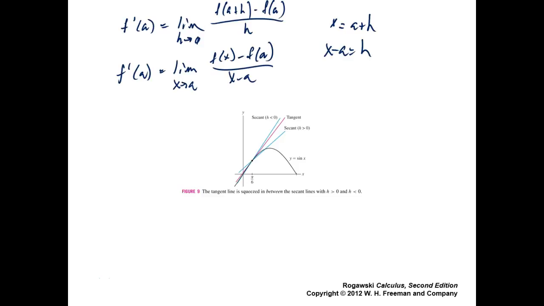So it's just 2 ways of writing the same thing. That's all they're asking for. Okay? Let me make sure that's what they were asking for. Yeah. F of x minus f of a over x minus a, or f of a plus h minus f of a. They did it in a different order, but it's fine. Okay, number 3.